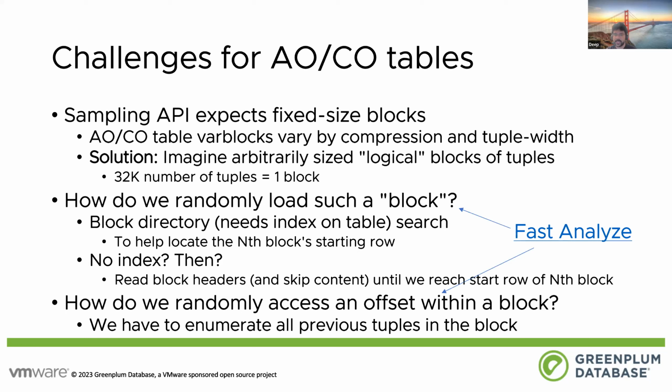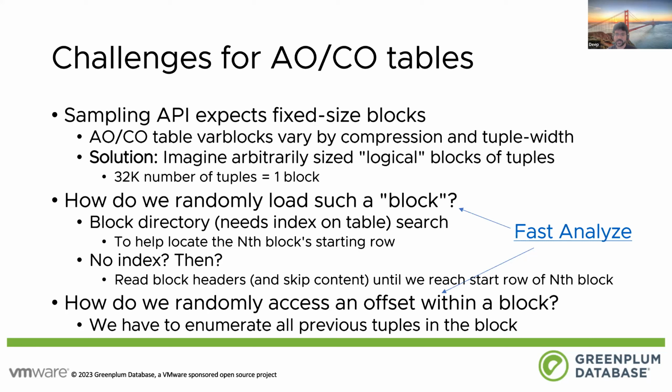So what are the challenges for AOCO tables? Fortunately for us, Postgres exposes the table access method APIs, and there are some table access method APIs that we have to implement for AO and CO tables. And to shoehorn AOCO tables into that API, there are certain things that we have to do. So first of all, this API expects fixed size blocks, right?